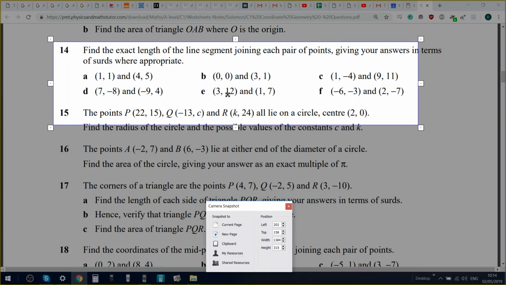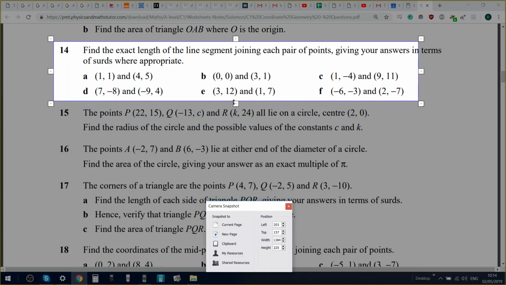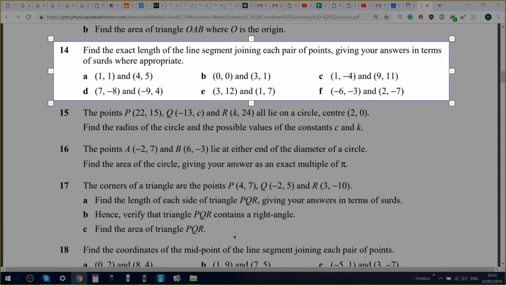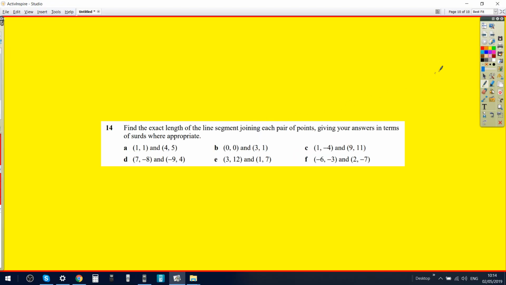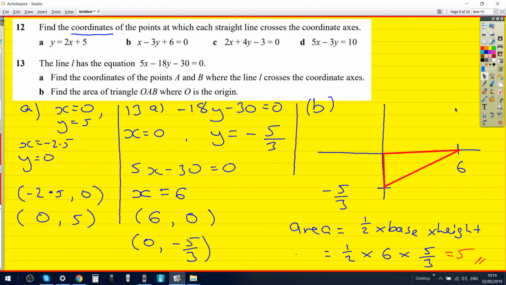The length of the line segment between them. It is basically, so if you were to do a sketch, it would be like the previous one we just did. From here to here, it's basically Pythagoras. So the length between the two of them is just.